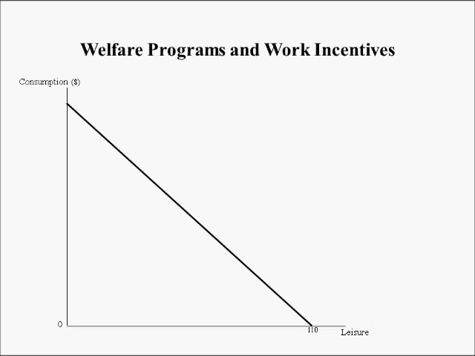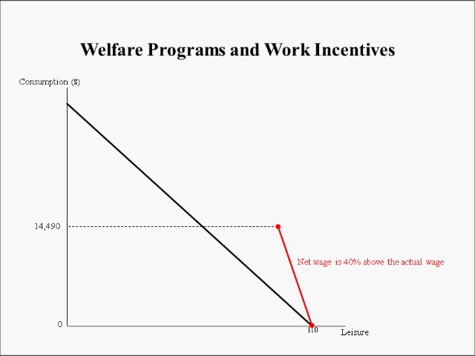So if you don't apply for the Earned Income Tax Credit, this is what your budget line would look like. If you apply for the Earned Income Tax Credit program via your tax return, then the budget constraint is steeper than if you don't apply. The net wage is 40% above the actual wage.